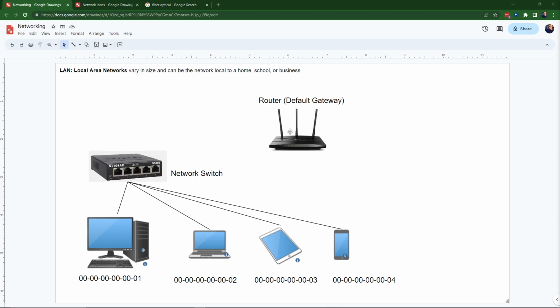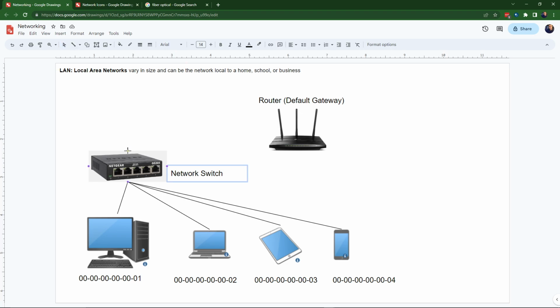So what a router does is quite a few things, especially nowadays. But the router will often contain its own little switch. And so these devices, the network switch and the router, can sometimes be the same device because they have both pieces connected in there. But we're going to separate them out just so we understand the different aspects here.